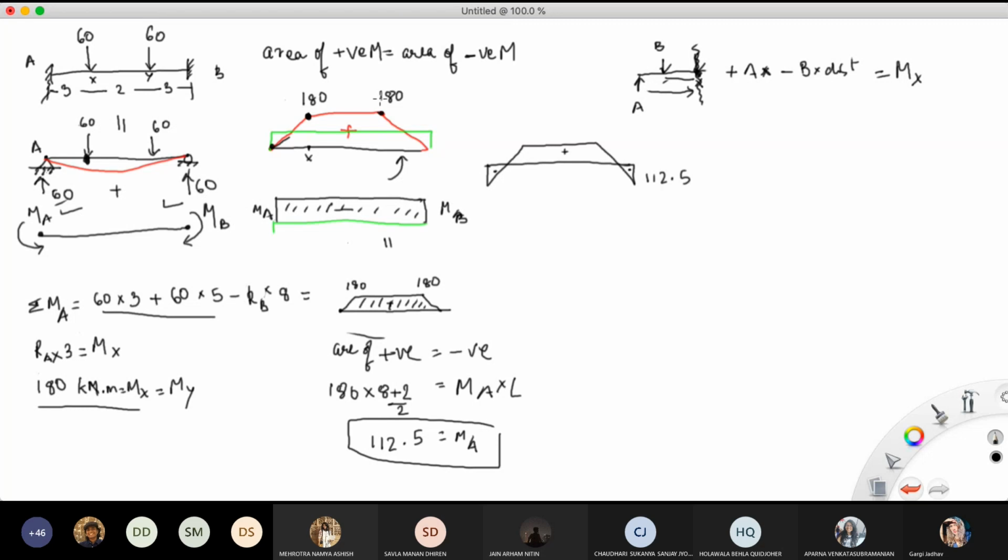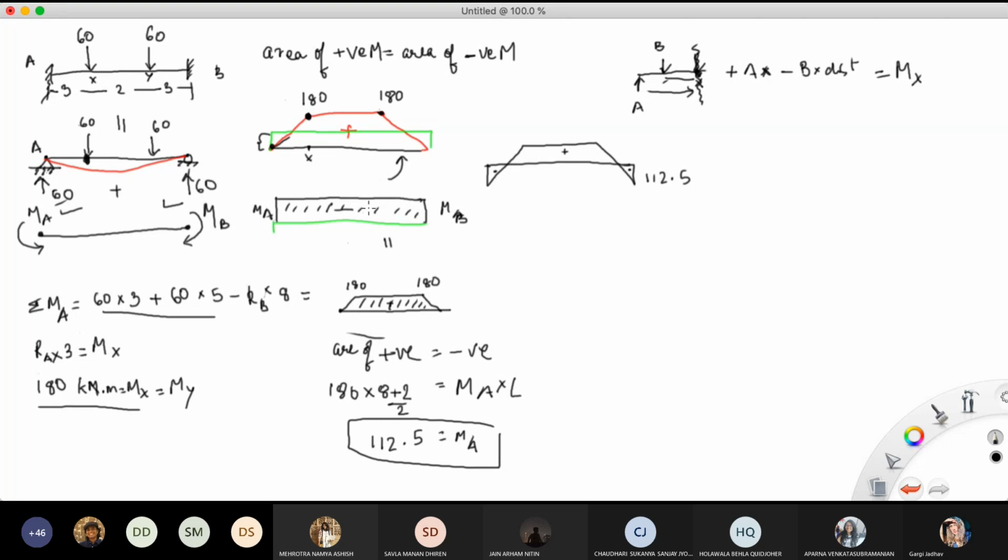Okay? Yeah, I got it. Okay. And then what we basically did is that this is positive and this is negative. We know its data, but we don't know how much this distance is. So we are just equating area of positive equal to area of negative. For the negative, we have to find MA.